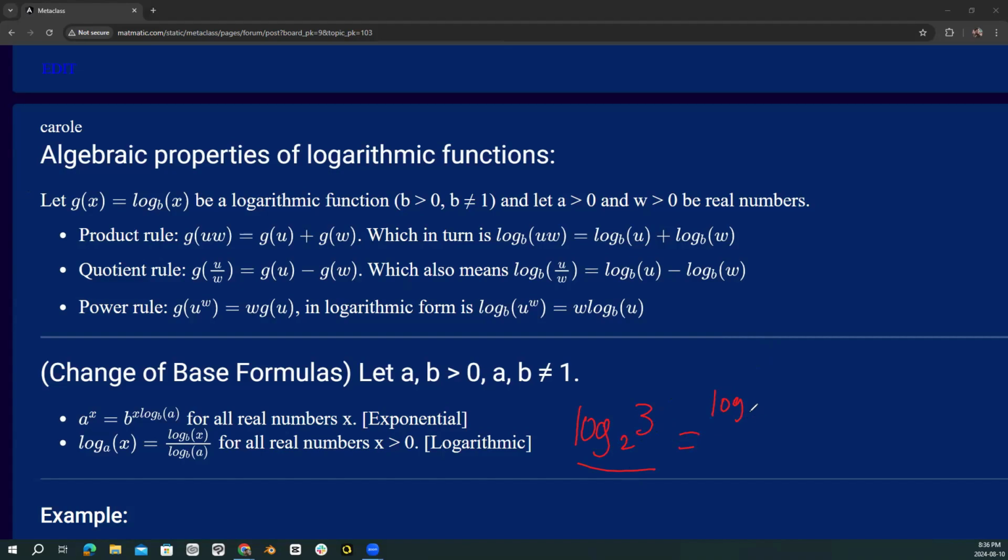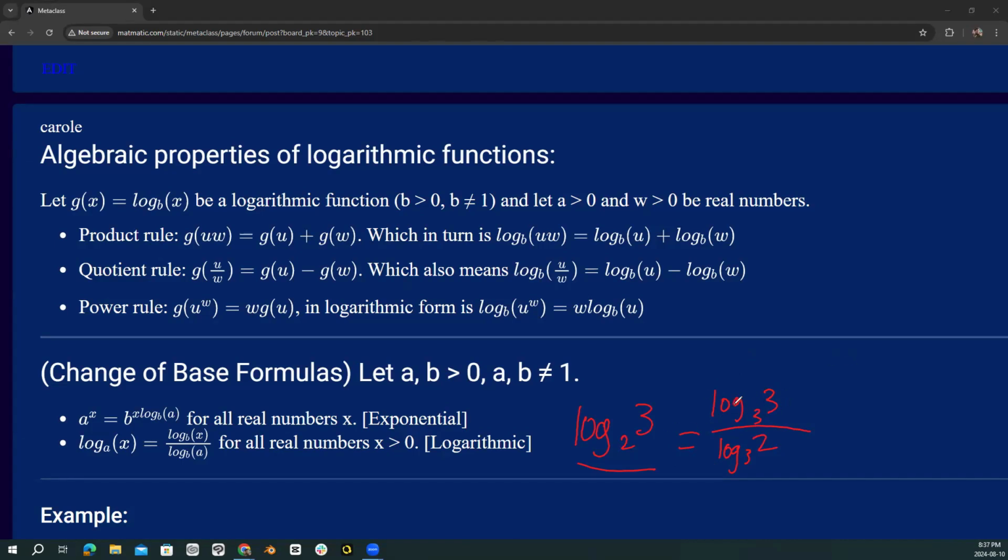Let's just say our b value is 3. So log 3 over log 3, 2. This is what it would look like converted, and we can simplify this.